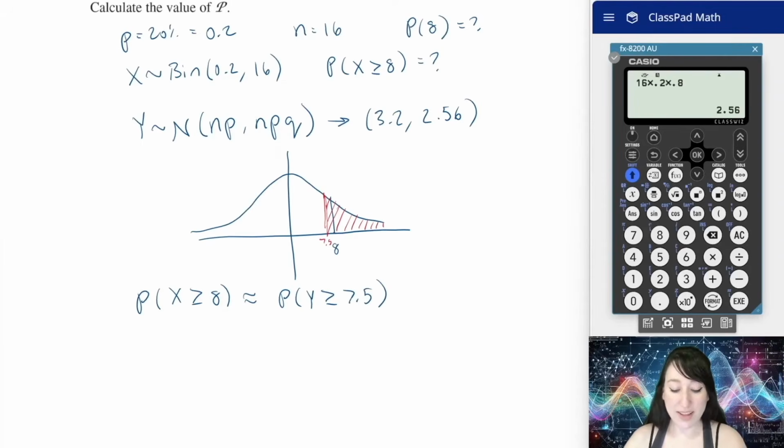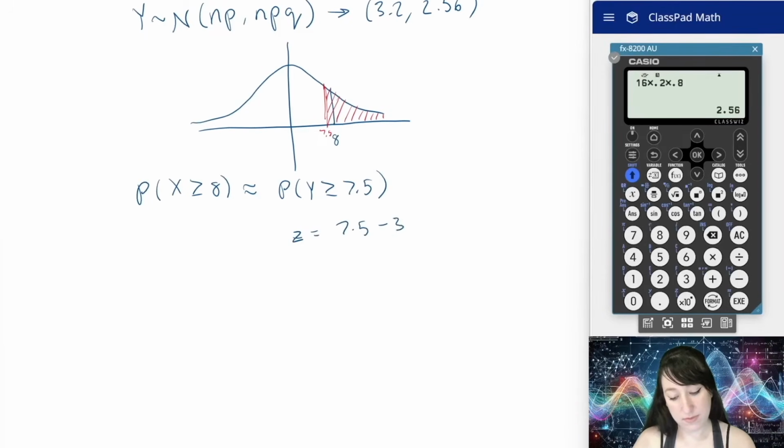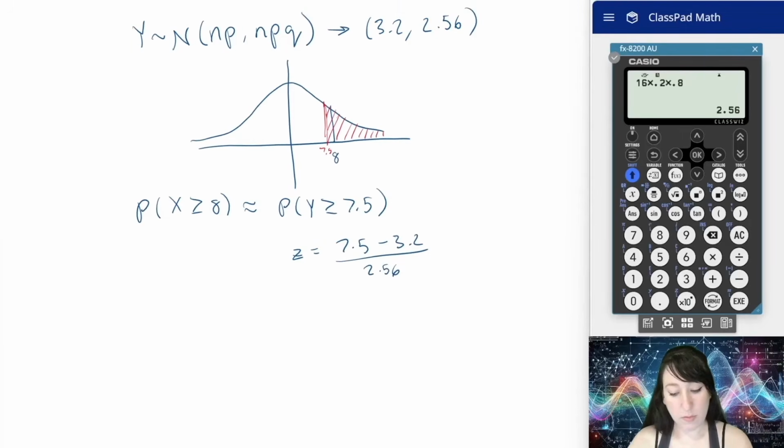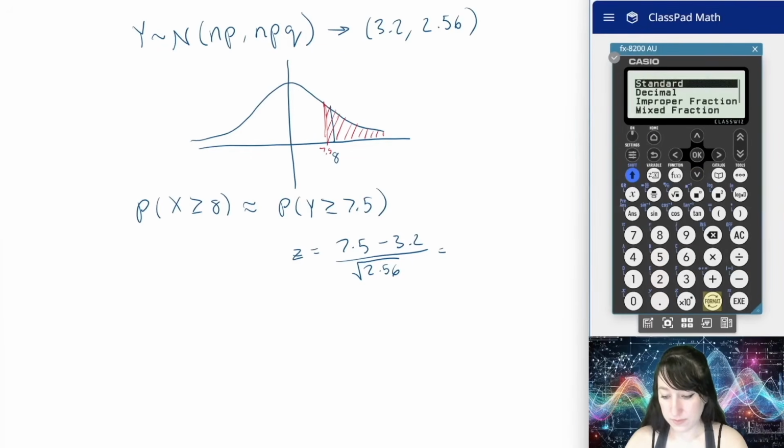To work that out, let's find out what the z-score is of 7.5 in this normal distribution. Remember, our mean is 3.2 and our variance is 2.56, so our standard deviation is the square root of 2.56. Don't forget to square root that in the z-score formula. So we get 2.69, I'll round it.